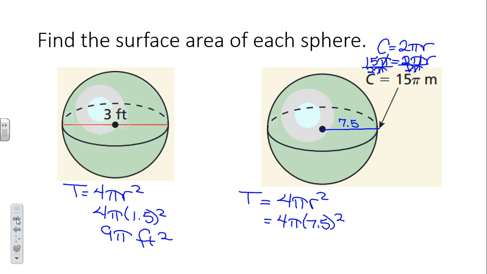And what do we get? 225 pi. If you prefer to multiply the pi in, feel free. I'll take that as an answer as well. And what's my unit? Meters squared. Questions on this slide?